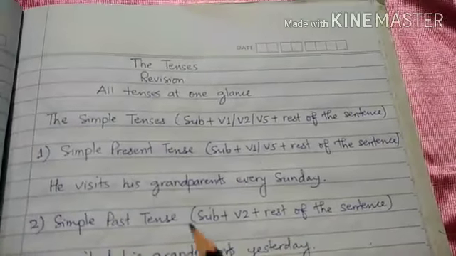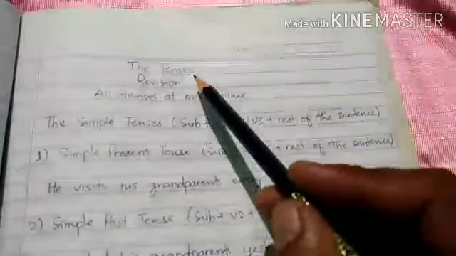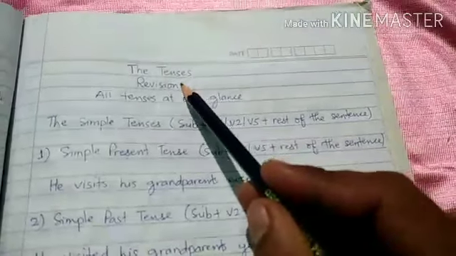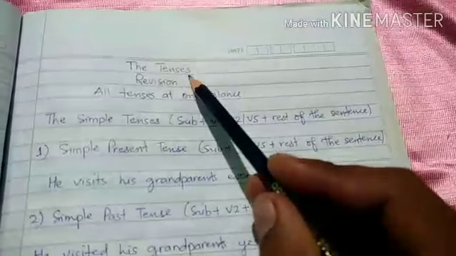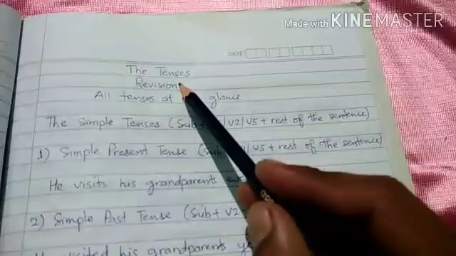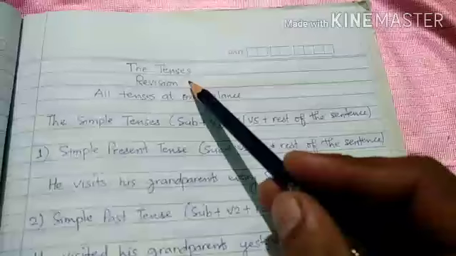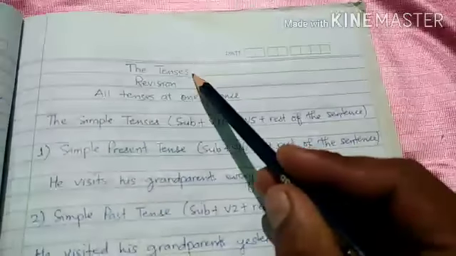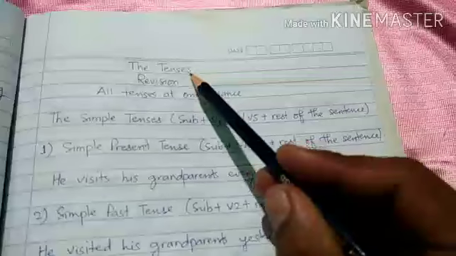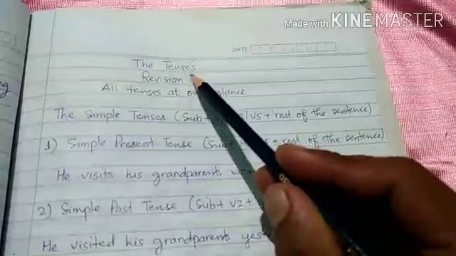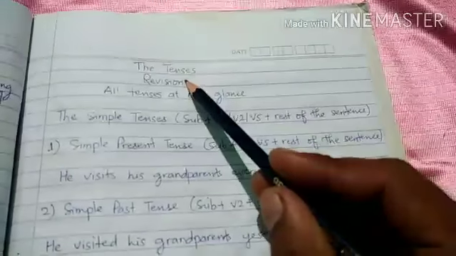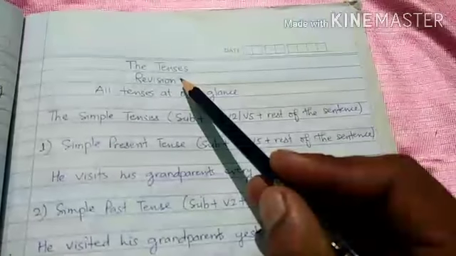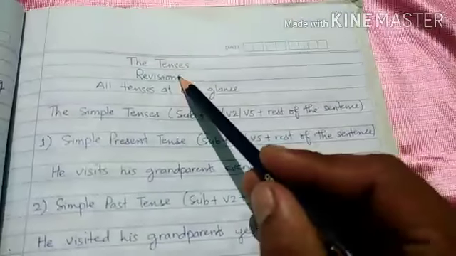In this video, for the students of Standard 7, we will have a short revision class on all the tenses that we have studied till now. We have already completed 3 chapters on tenses. We have already studied all the present tenses, all past tenses and all future tenses.